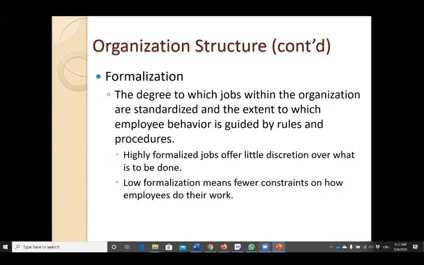You can even develop some standard procedures, some standard flow charts, etc., to guide people in your organization to do the job. It means the job will be more formalized, and you will experience a higher degree of formalization in your organization, right?